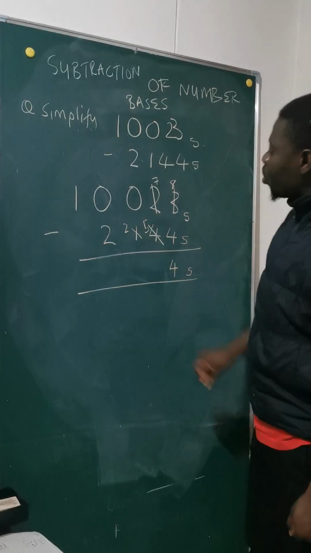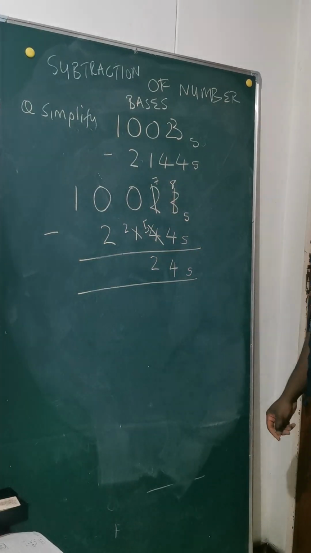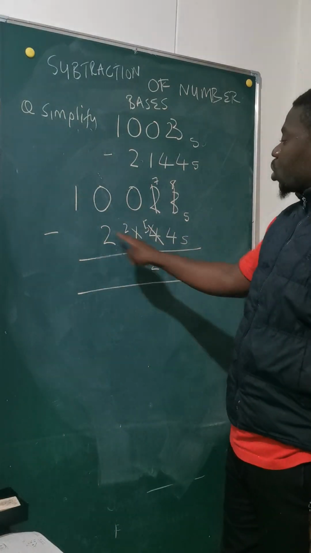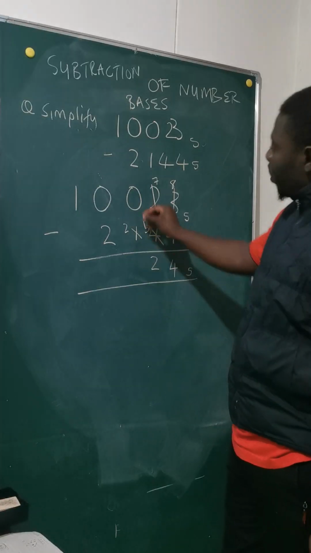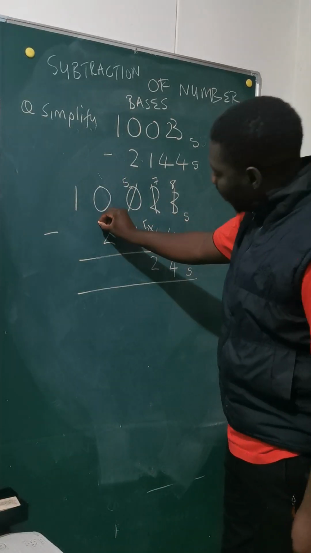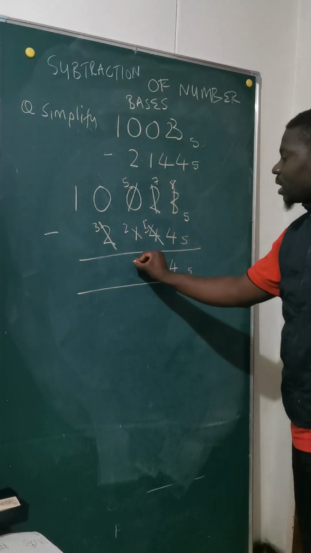So 7 minus 5 is 2. Then we go on to the next. 0 minus 2, it can't. We add 5 to 0, it becomes 5. We bring down 1, it becomes 3 here. Then 5 minus 2, which is 3.